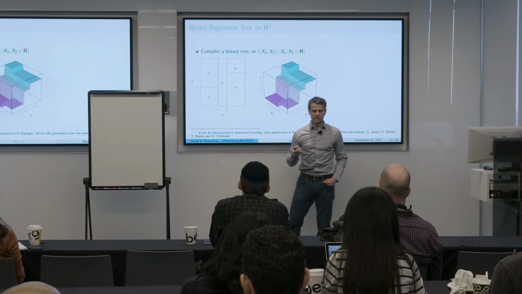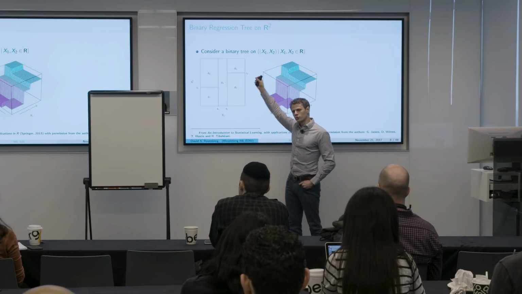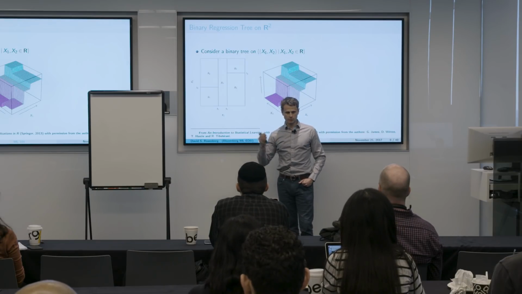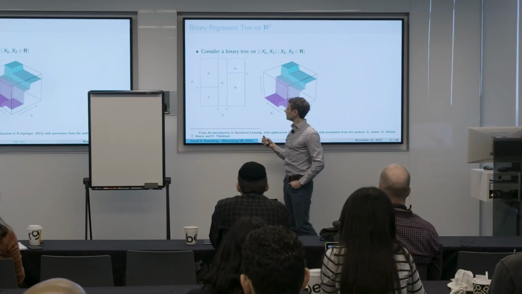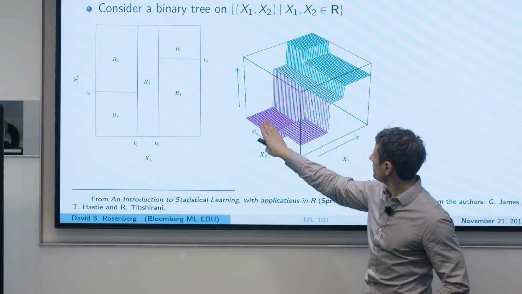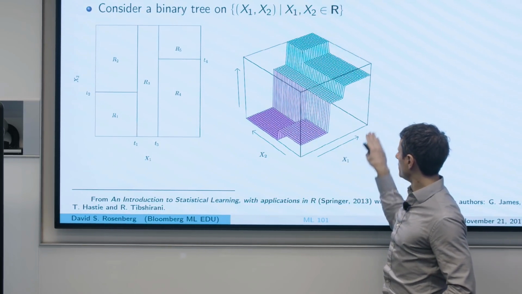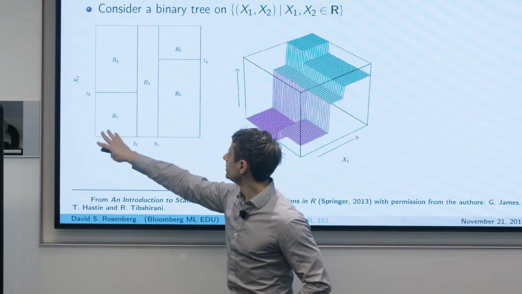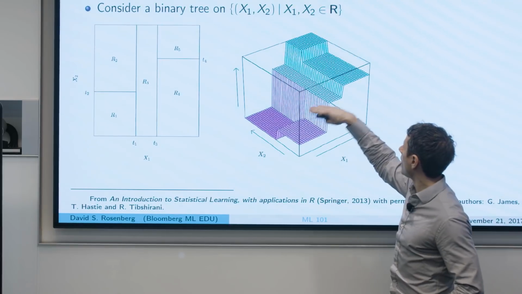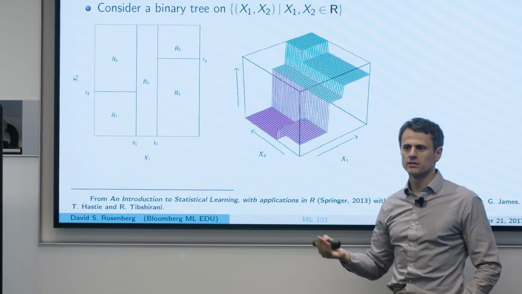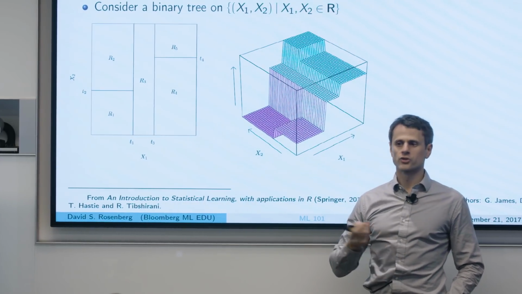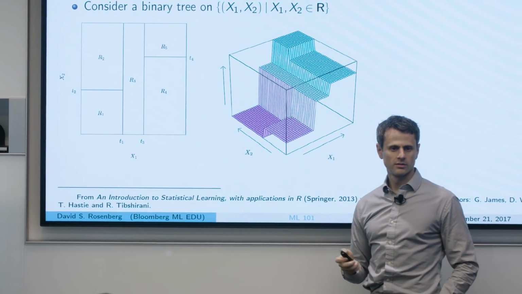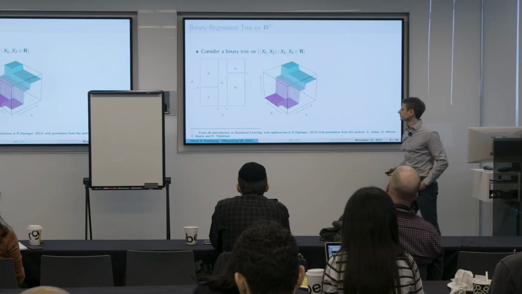Just to reiterate, in a tree, you work your way down to a leaf node, and then anything that ends up in that leaf node gets the same prediction. So here, you could see that we have this piecewise constant function. The input space is x1 and x2. And each region of the input space has now a height, which is depicting the output of the tree for any position in the input space. Clear?